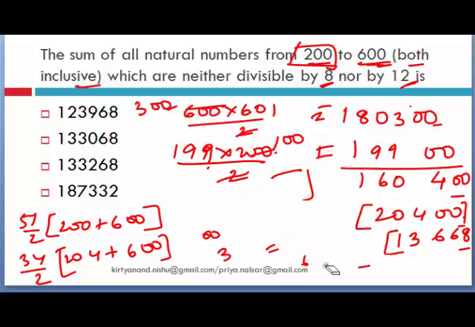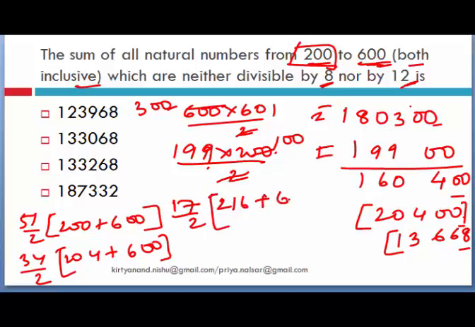Okay. So now we'll find out, because we have to find out the sum of all those numbers. So the first number of the series is 216 as we just discussed. Last number is 600. If you work it out, this comes out to be equal to 6936.